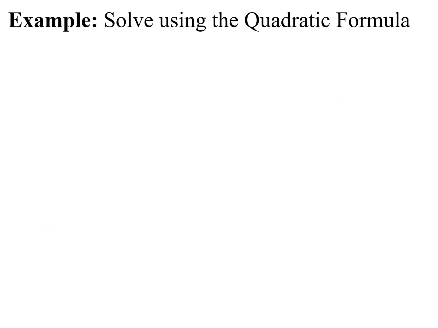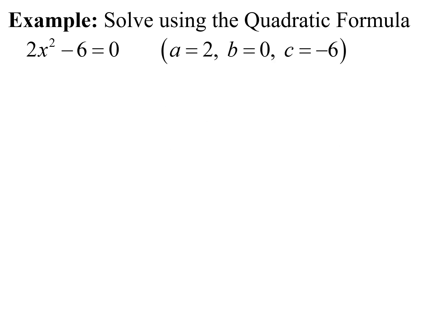Let's take a look at one more example using the quadratic formula. Here we have 2x squared minus 6. So this is that situation where we don't see an x term. So we always want to remember that when we don't see it, our coefficient is equal to 0. So a equals 2, b equals 0, c equals negative 6.